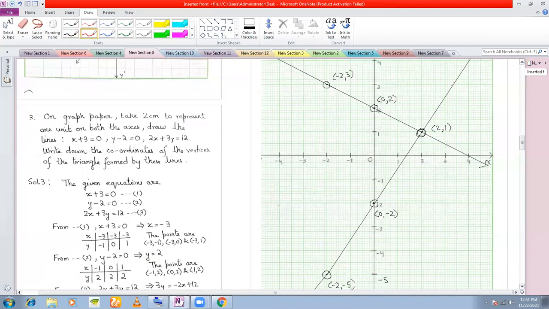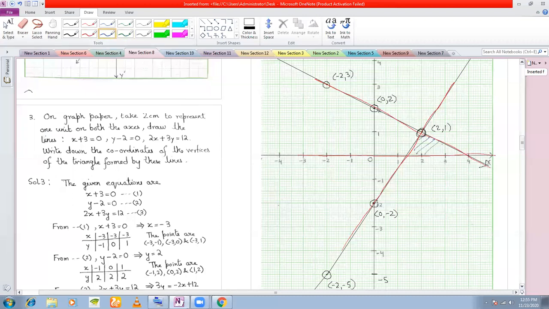This is your line, one line. Okay, this is another line. And which one is your x-axis? This one is your x-axis. So can you see which triangle is formed here?